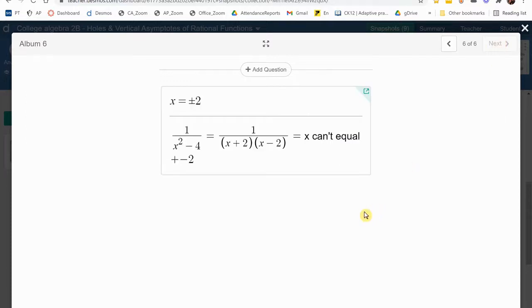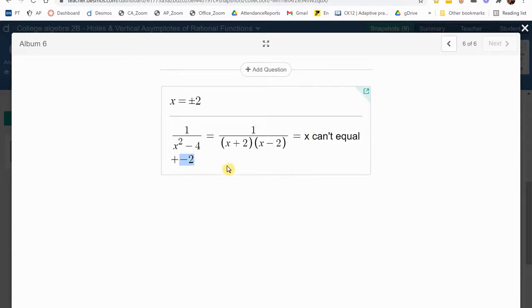And then on this last one here, I love them showing the math. Showing the math is always super important, but you can't just leave it at that, right? You can't just say x can't equal ±2. Why not? Why is there an asymptote there?